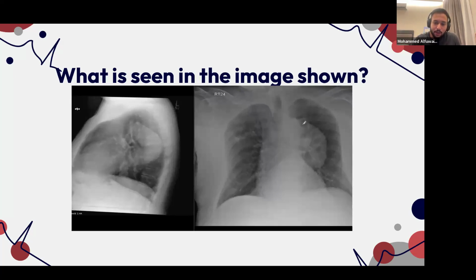Typically, you'll have a small aortic notch over here, which is for the aorta, and then it goes down like this, okay? This is typically how the mediastinum should be. However, in patients with aortic dissection, it's very wide, okay? So this is widened mediastinum, aortic dissection, all right? Know these signs and features and the classification of dissections.